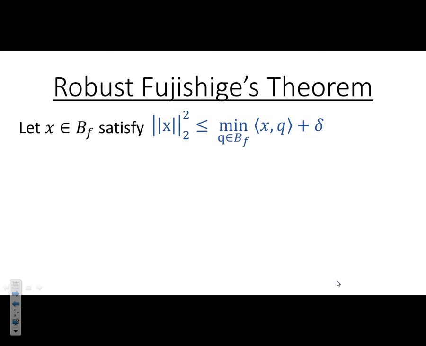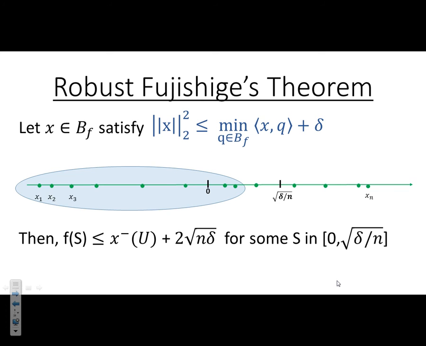So if you have such a point x by some method, then you can get a set which is at most, remember, a lower bound on the optimum plus some more additive error 2 root n delta. Okay?